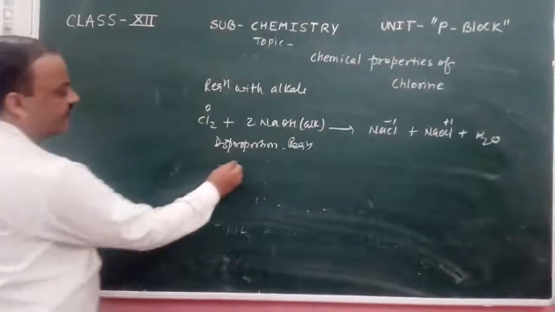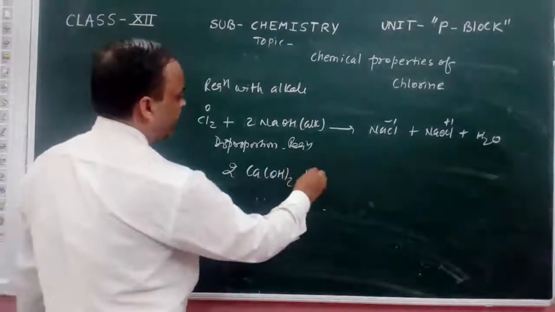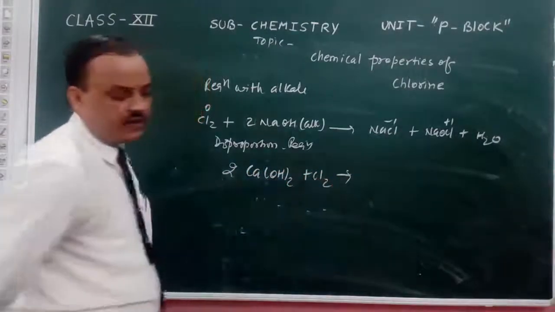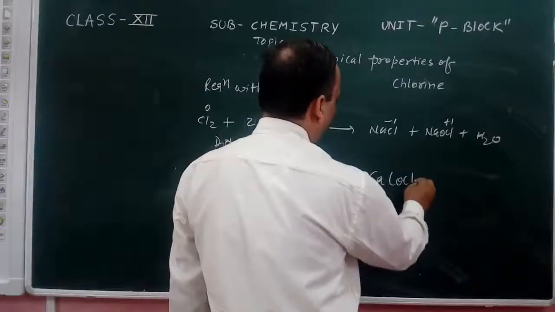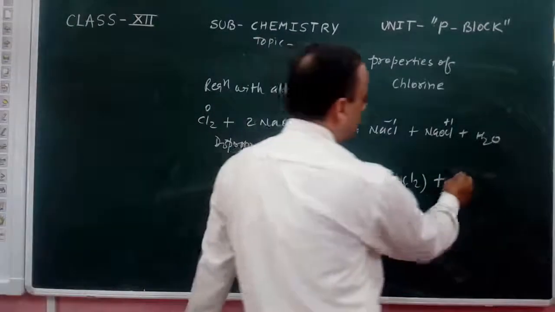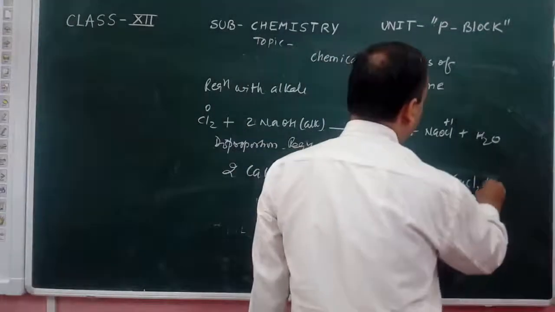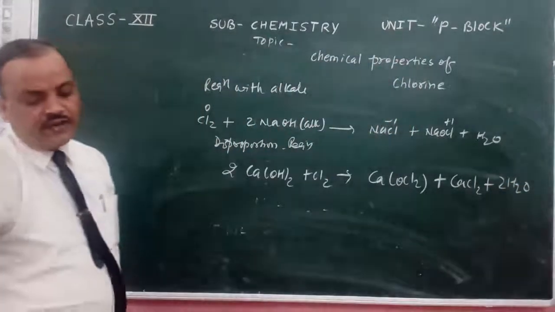When we react chlorine with lime, we get the reaction CaOCl2 plus CaCl2 plus 2H2O. This kind of reaction we have.